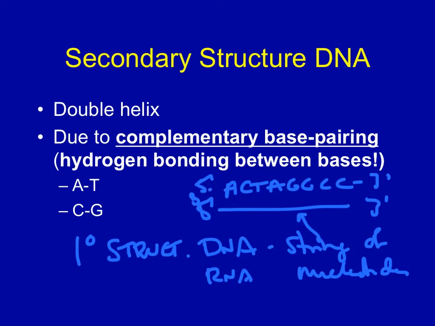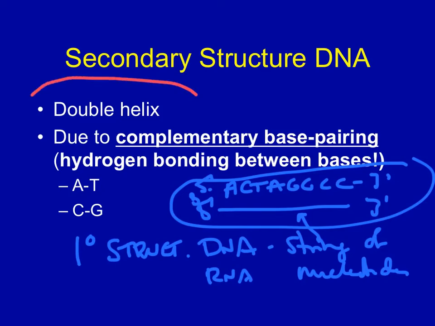But there's also some secondary structure associated with strings of nucleotides. And you all know what this is. This is based on the double helix. If you look at DNA, you draw it up and down, so if you have DNA and it goes 5' to 3', you always have a second strand of DNA right next to it.